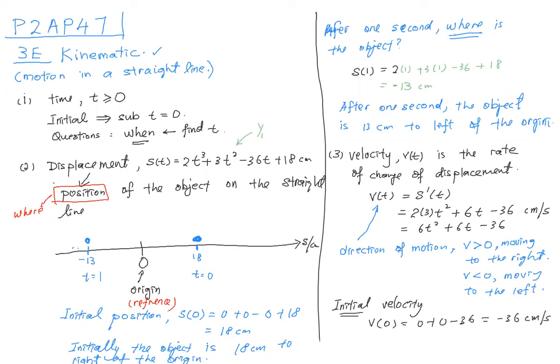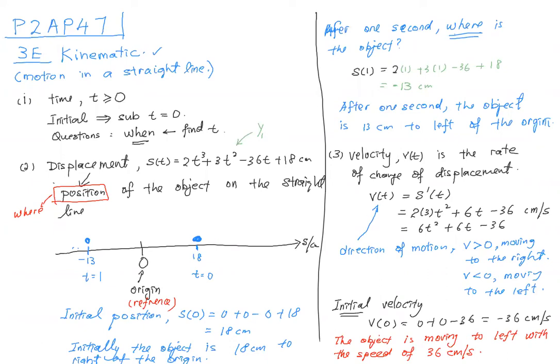So I interpret this as the object is moving to the left with the speed of 36 cm per second.